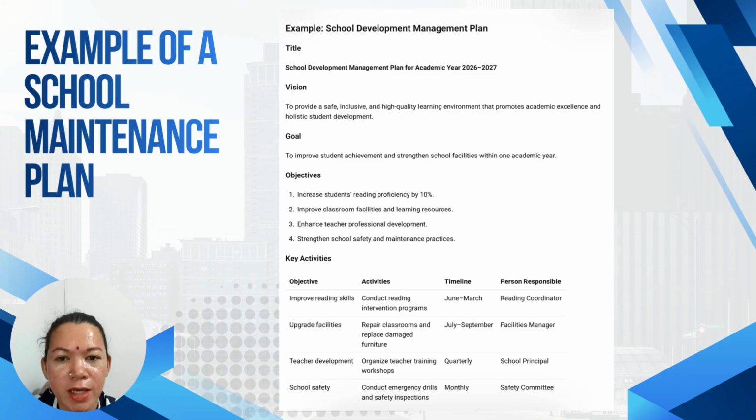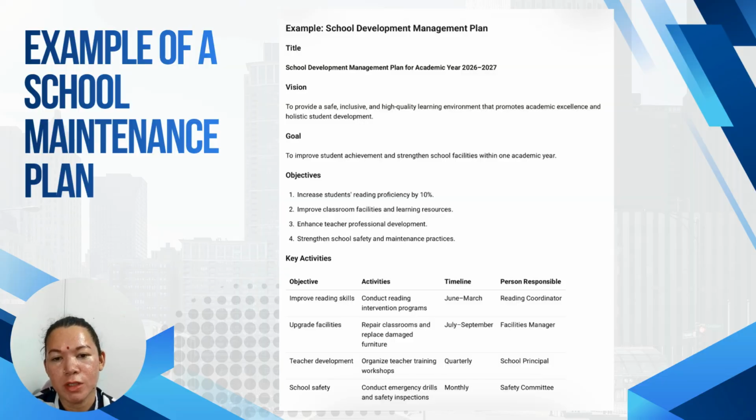The vision is to provide a safe, inclusive, and high quality learning environment that promotes academic excellence and holistic students' development. What is the goal? The goal is to improve student academic achievement and strengthen school facilities within one academic year.